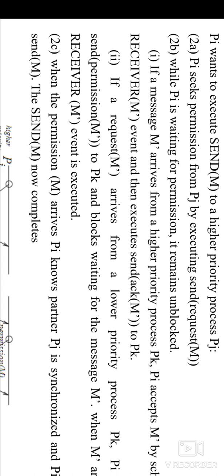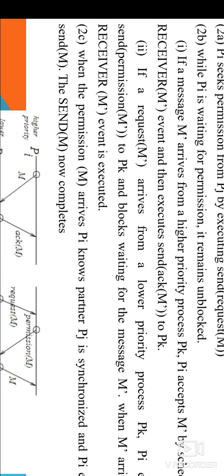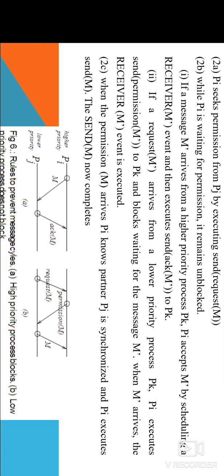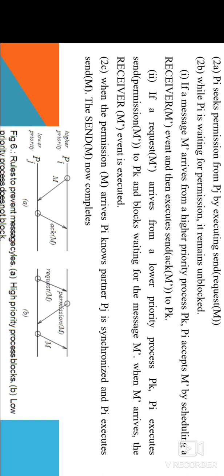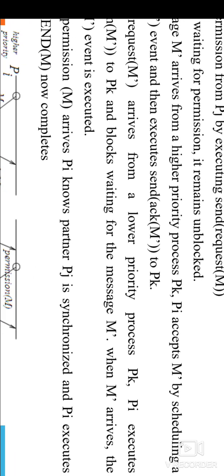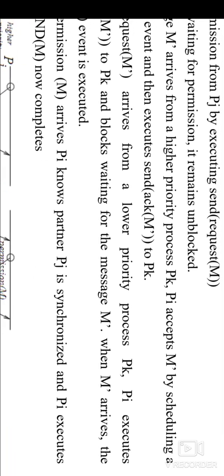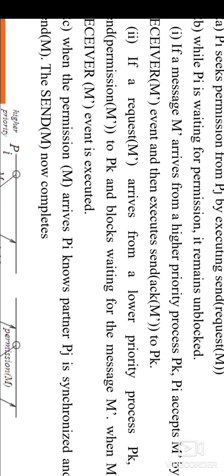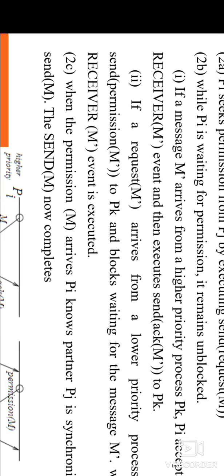So Pi remains unblocked, and at that time it can receive a message from any process. For example, if it receives a message M from a higher priority process Pk, Pi accepts the message immediately, executes the receive of M and then executes sending of acknowledgement of M to the process Pk. This is one case.